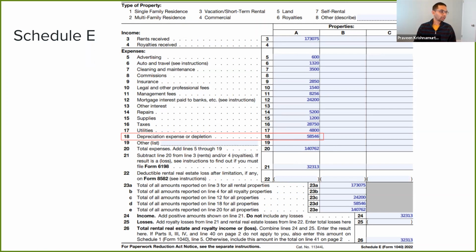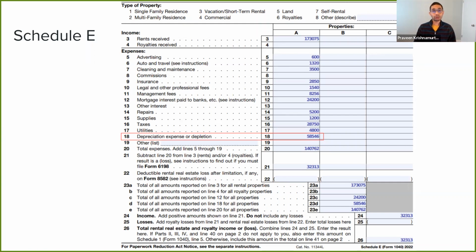Now, let's go back and look at what happens if you add another unit. Presumably, you'll earn more. So this 173 is likely to go up, but your expenses will be more, and your depreciation is going to be more. So again, you are gaining the benefit of depreciation and other expenses throughout the lifetime.